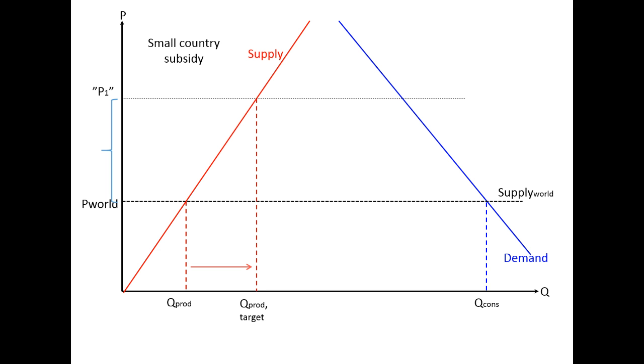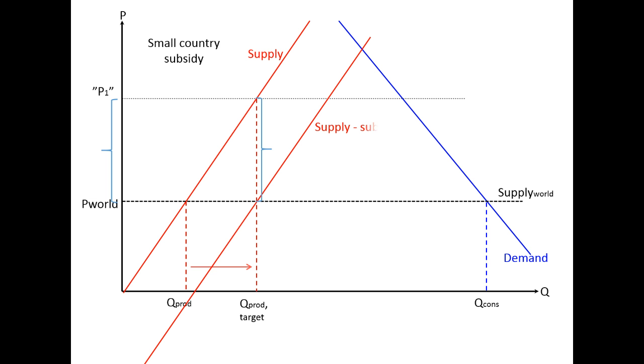But in this case we're going to do it a little bit differently. We're going to pay this difference as a subsidy to the producers. So the government will pay the difference between P1 and P world as a subsidy per produced unit.